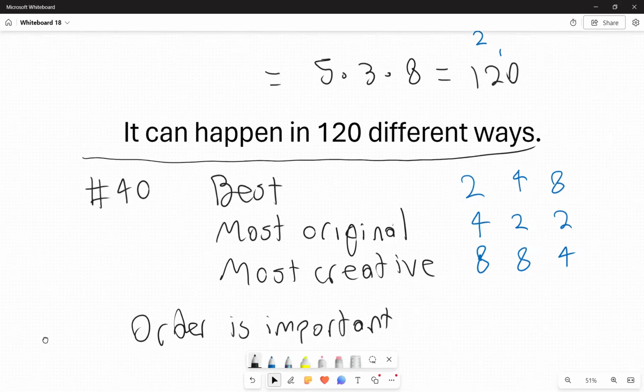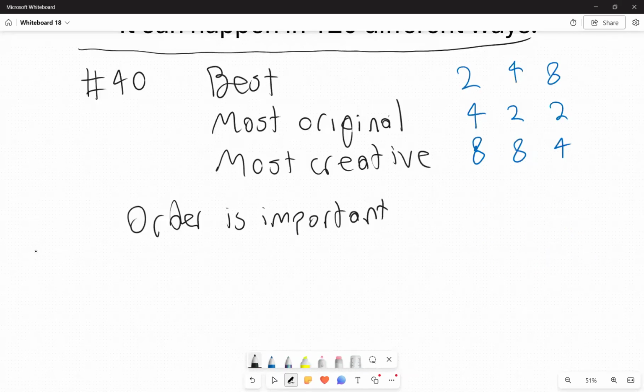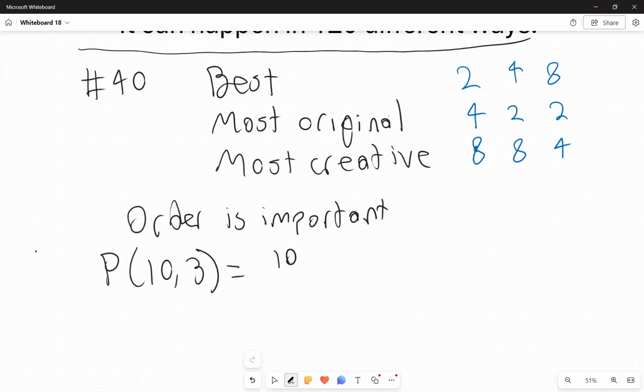And we are looking for the number of permutations of 10 objects taken 3 at a time. This is 10 factorial over 10 minus 3, which is 7 factorial.